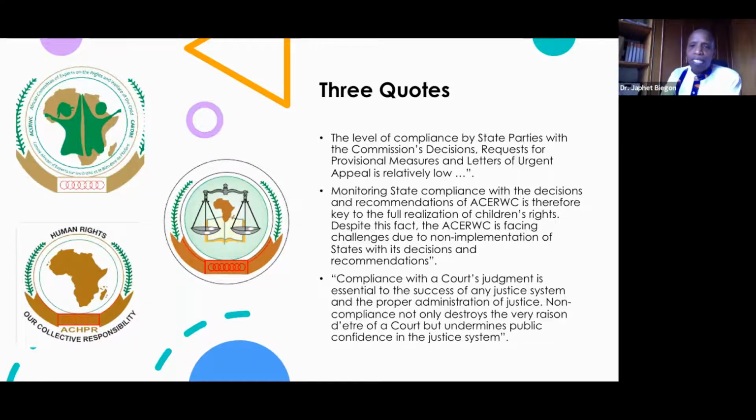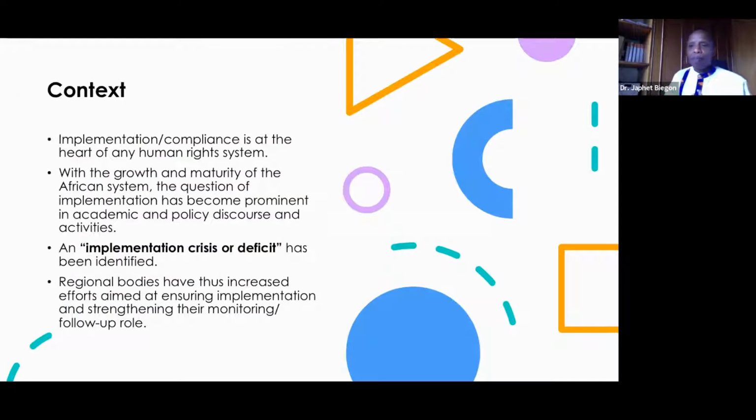I thought these three quotes really bring us to the context in which this discussion must take place. The first is that implementation is really at the heart of the regional human rights system. It is at the heart of what the Commission and the court are doing on a day-to-day basis.